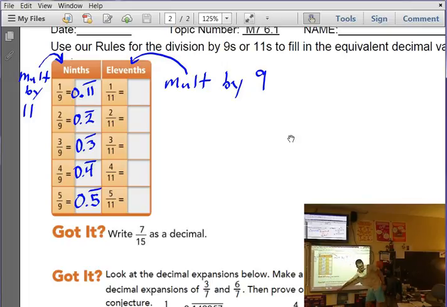Now, this batch, you guys get a little bit harder problems. Kylie, what about 1/11? Now this is really tricky because the rule we wrote down is you just multiply by 9. But if I multiply my 1 by 9, that's going to be 0.9 repeating. This is the one tricky one.